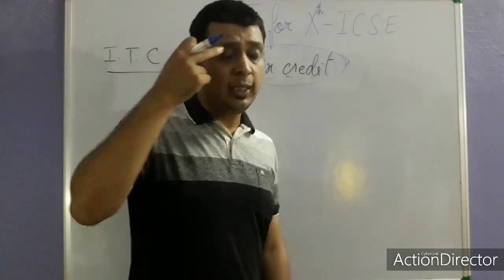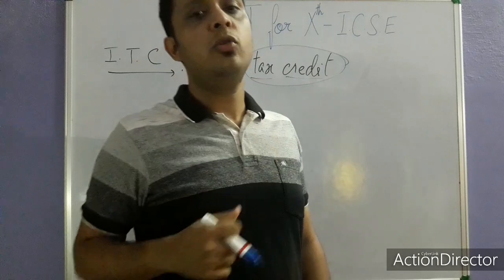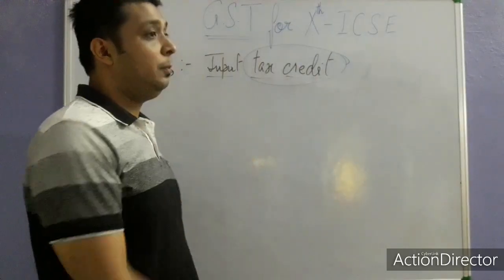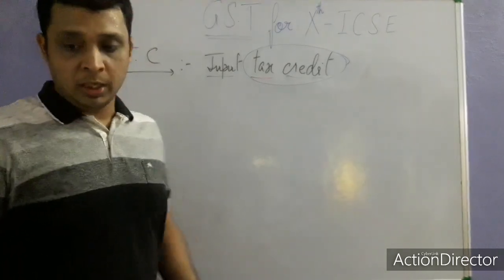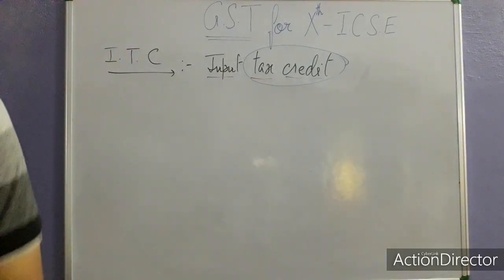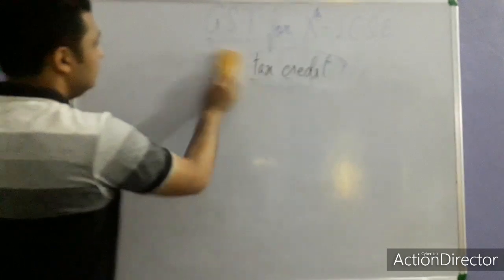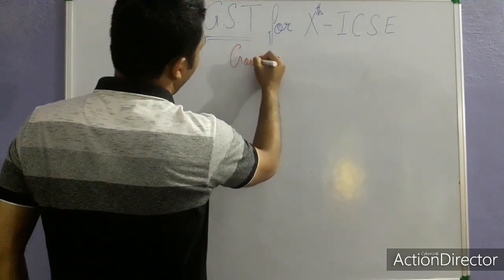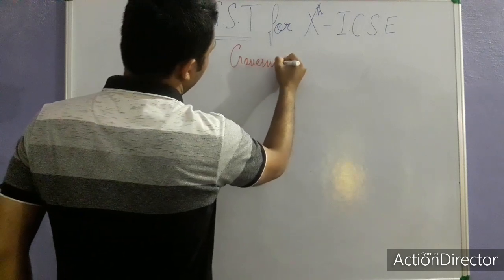So let me give you an example which I have already used in my previous video, so that you can understand the concept of input tax credit better. So let us go back to our main diagram. The main diagram says we had government sitting on the top watching everything, isn't it?